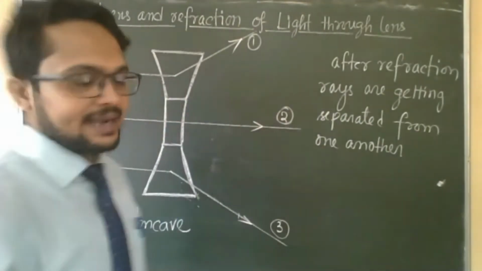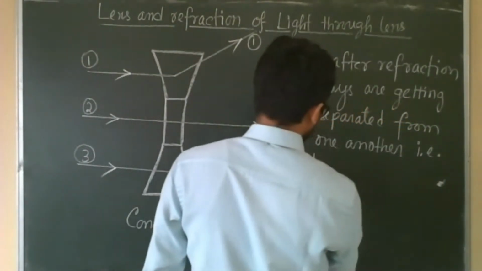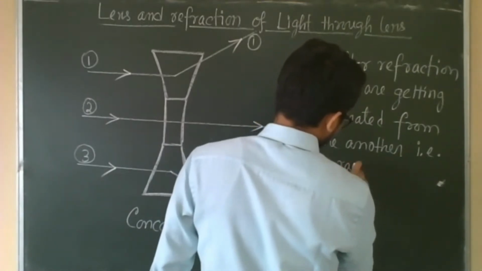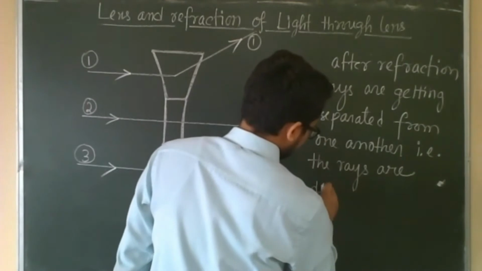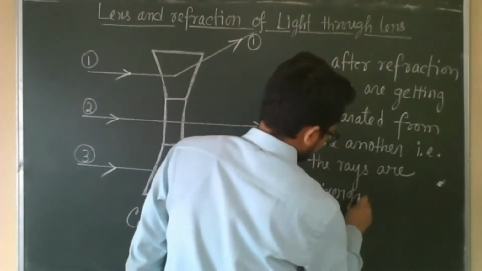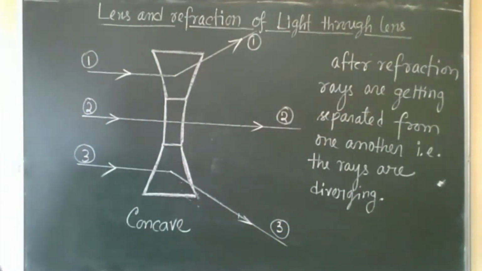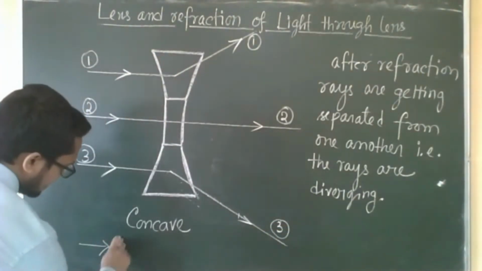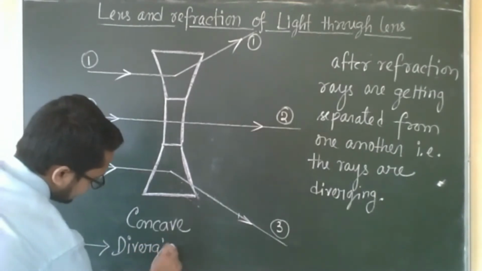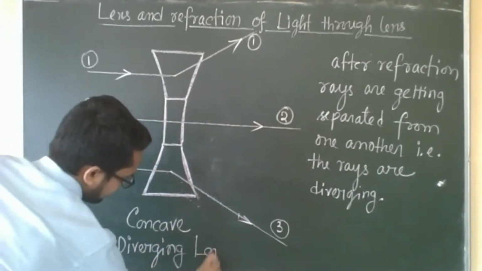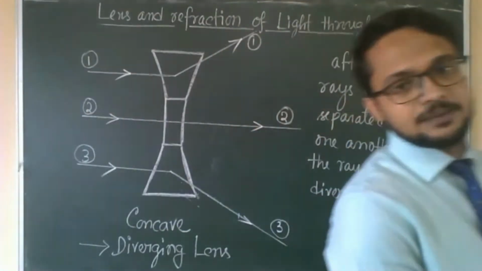That is, the rays are diverging. For that reason, concave lens is also known as diverging lens. Okay.